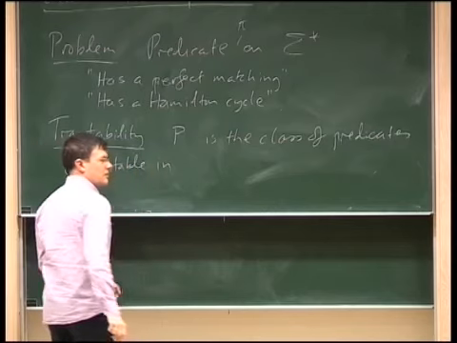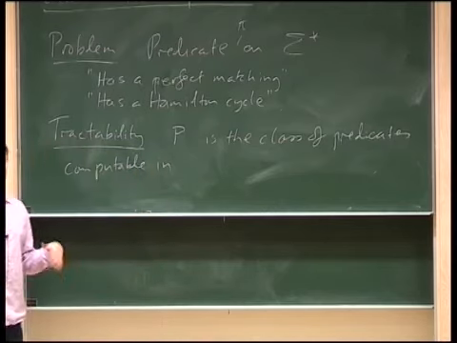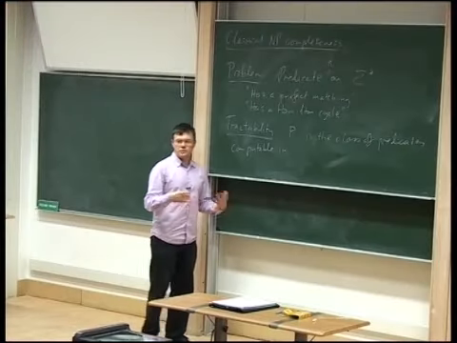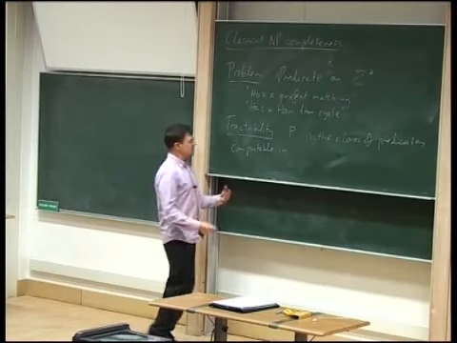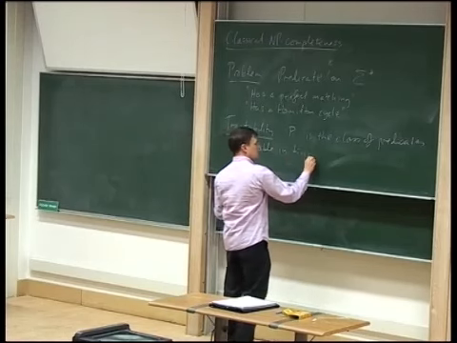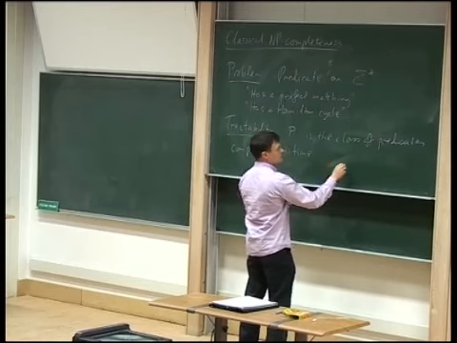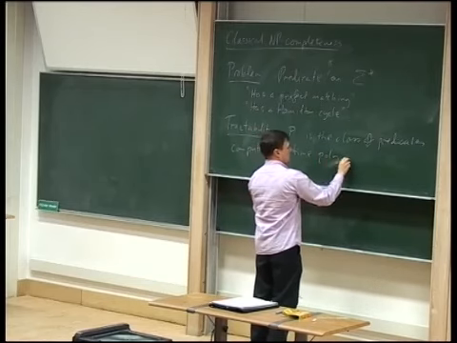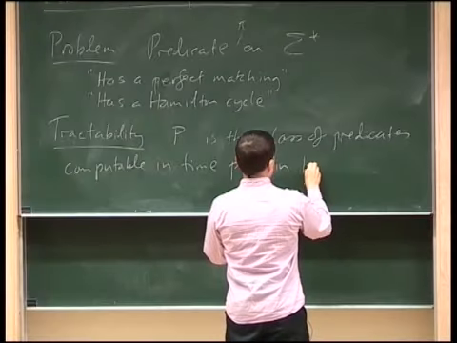Of course, to make this completely formal, we should have a formal model of computation, which is usually the Turing machine, but just imagine a program. You've all written a program, so just think of a program. Computable in time polynomial in x.